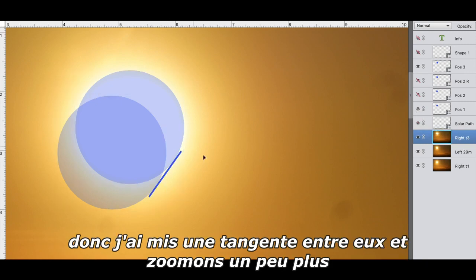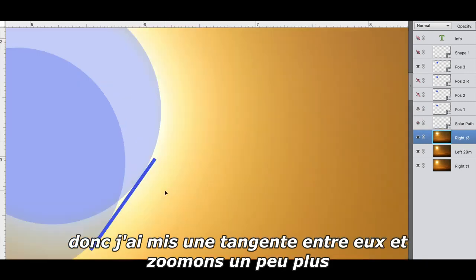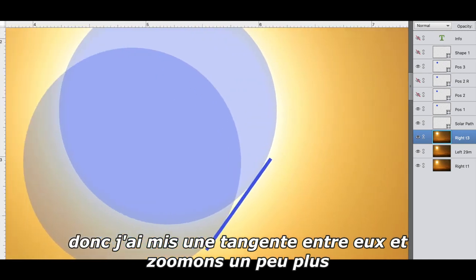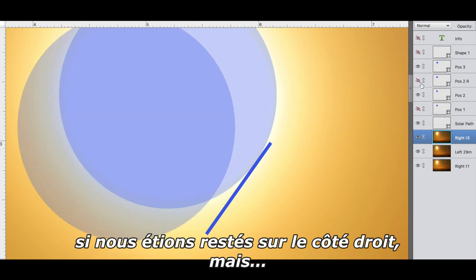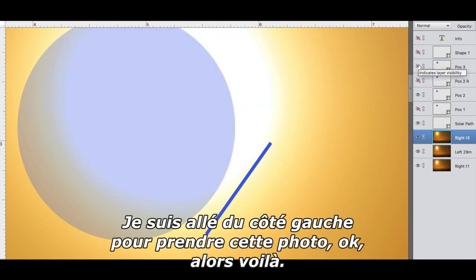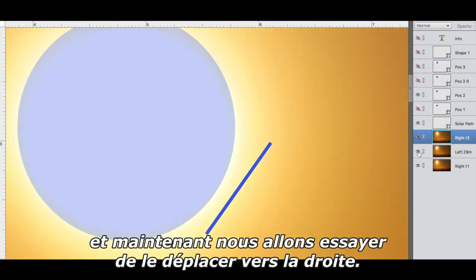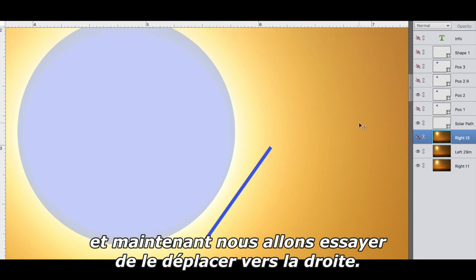Okay, so I put a tangent between them, and let's zoom in a bit more, and now we can find out where the second position of the sun should have been had we stayed on the right side, but we went to the left side to take that image.